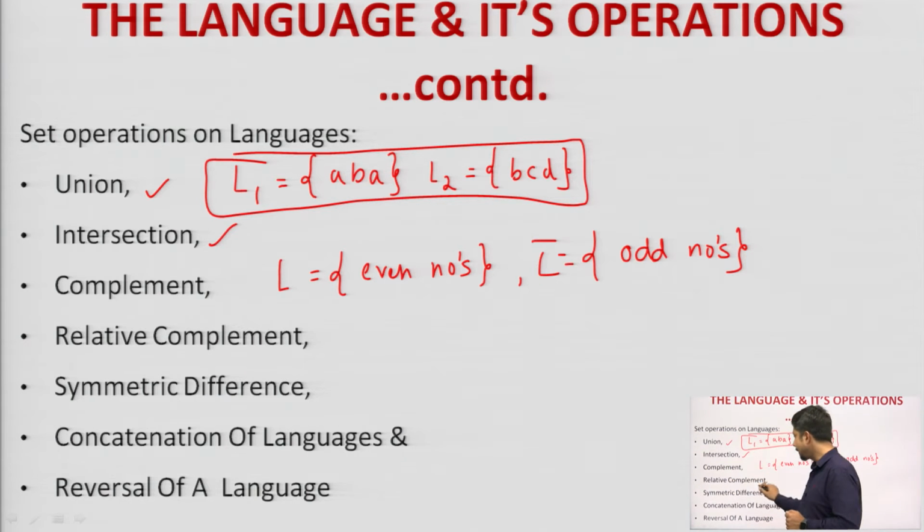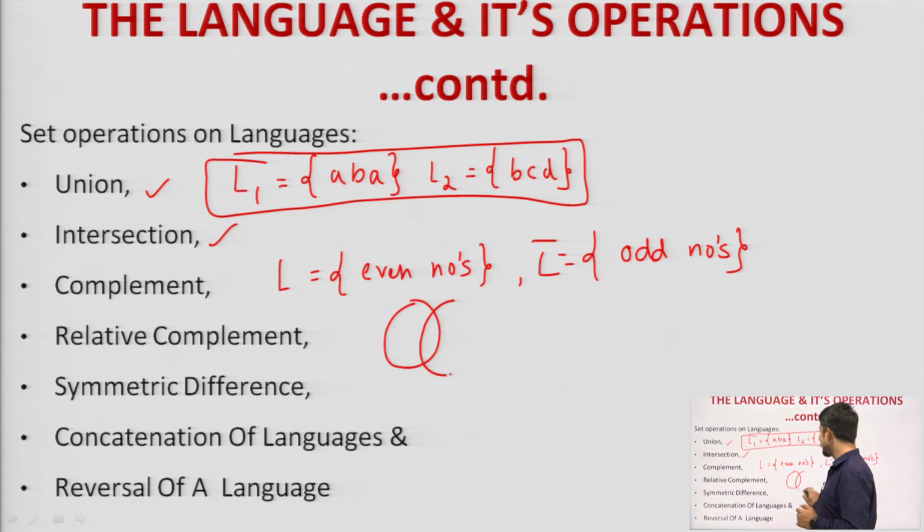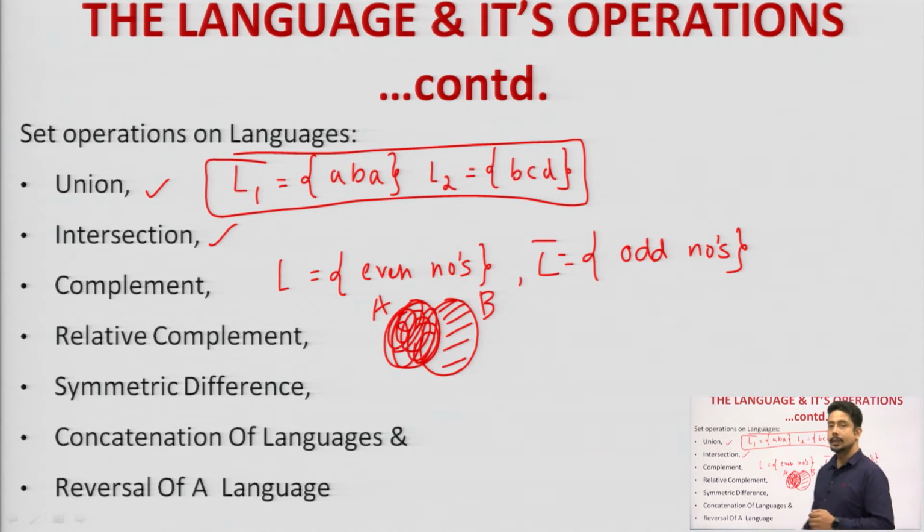Next, relative complement. Suppose I have a Venn diagram, we know about Venn diagrams, A and B. If I say relative complement of A in B, then exclude this B part, and this will be the main part of the relative complement, correct. Symmetric difference: if we exclude the intersection part and take the union of the remaining parts of both sets, that will be your symmetric difference. Concatenation of two languages is represented like L1 concatenate L2.